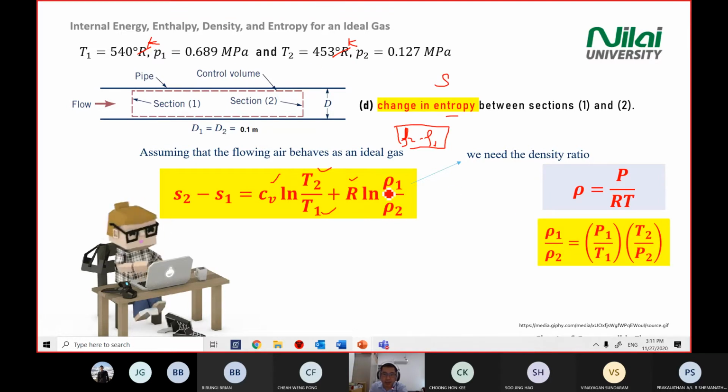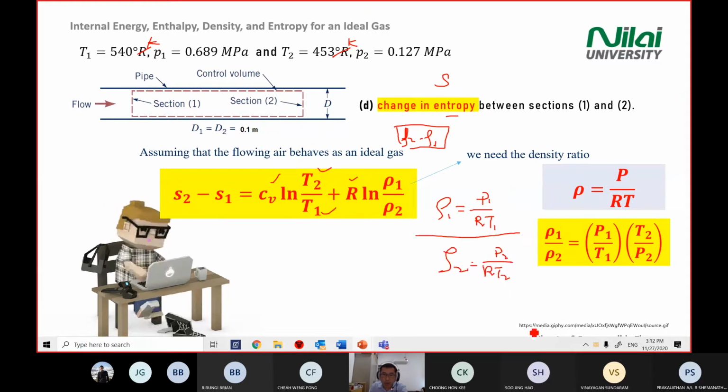We can convert rho 1 and rho 2. We can put in this term, meaning that rho 1 equals P1 divided by RT1, and rho 2 equals P2 divided by RT2.